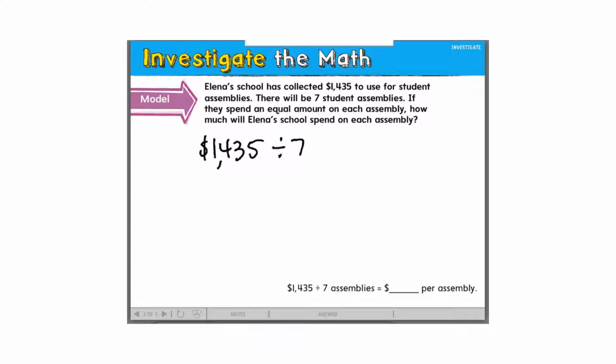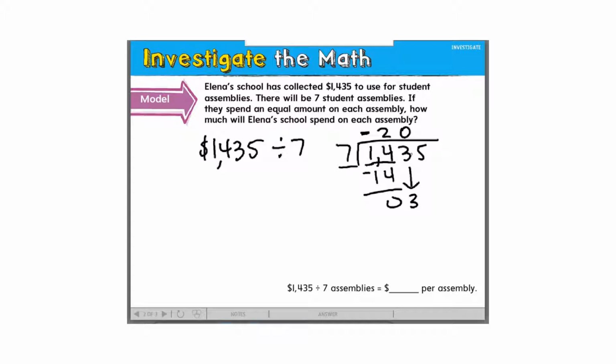I'll give you like 2 minutes. So here's what I saw on some boards. Check your answer and see if you did the same thing. 7 doesn't fit into 1. So I saw some people doing a dash like this, or an X, or a 0. 7 does not fit into 14, or sorry, it does fit into 14 twice. 2 times 7 is 14. Subtract, bring down. 7 goes into 3 0 times.